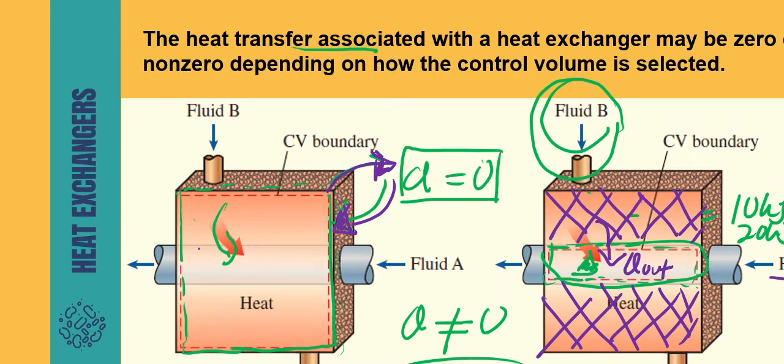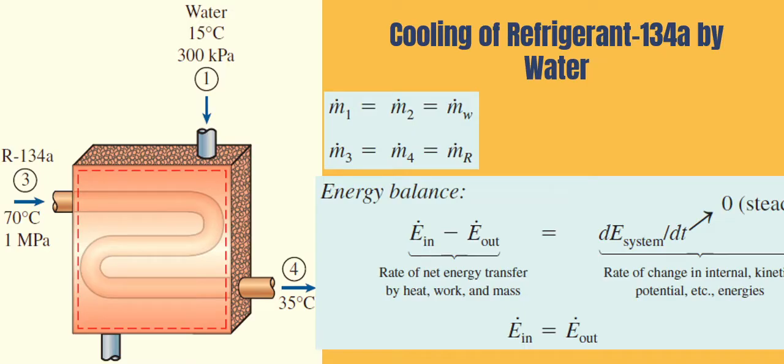If you select the entire heat exchanger to be the system, your Q is equal to zero. But if you select either fluid A or fluid B as your system, then there is a significant amount of heat transfer. Any questions? Okay, never mind. Let's take a look at the example.